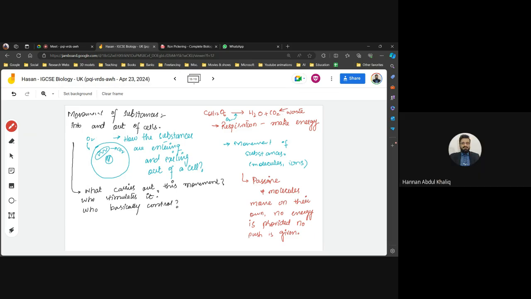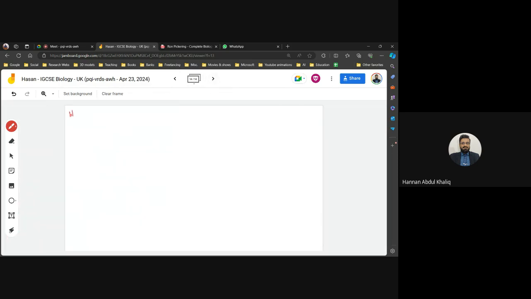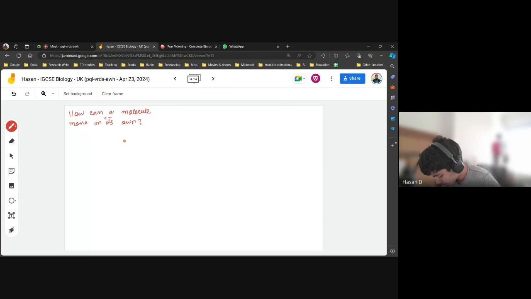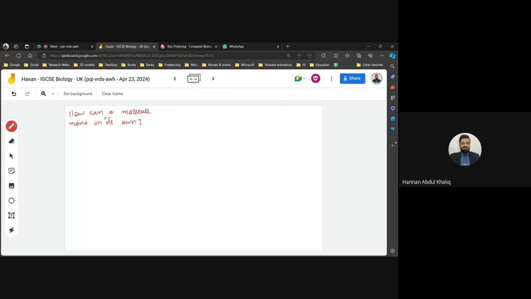Now the real question is, how can a molecule move on its own? Can you answer me? No. The movement of a molecule on its own is a very important thing to know.